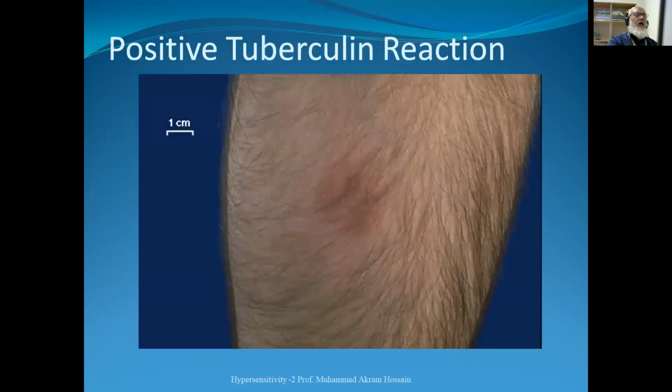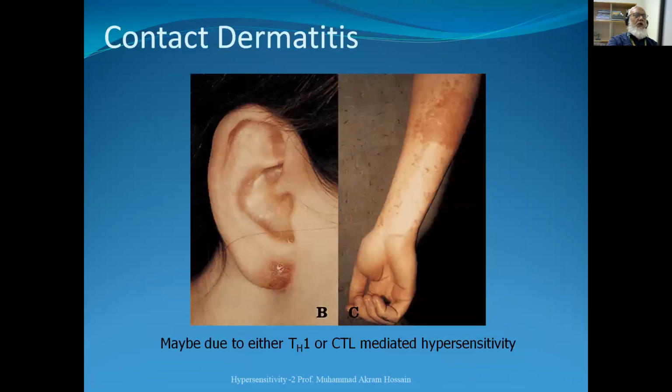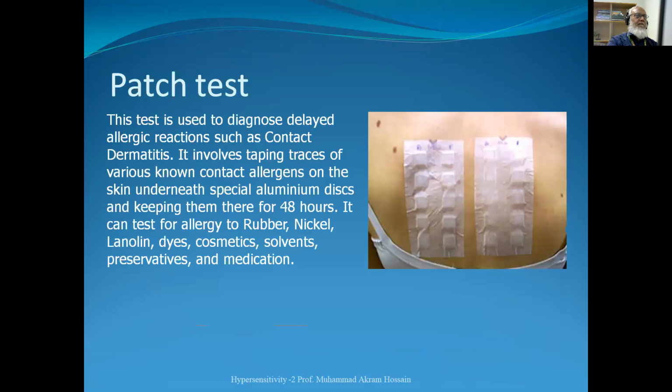This is the positive tuberculin test. This is the classical example of delayed type. There is induration. In contact dermatitis, there is a reaction in the epidermis, there is no induration. This may be Th1 or CTL mediated hypersensitivity.